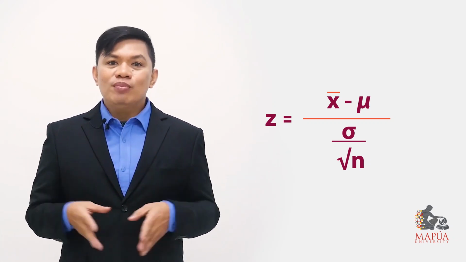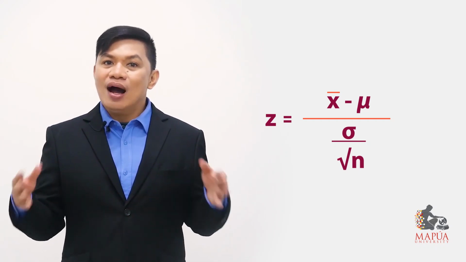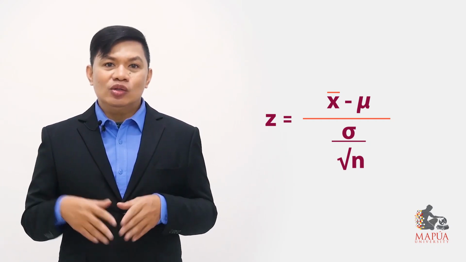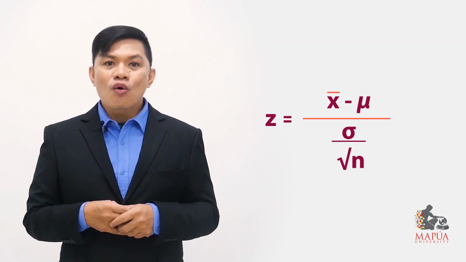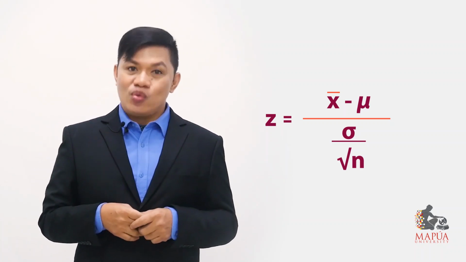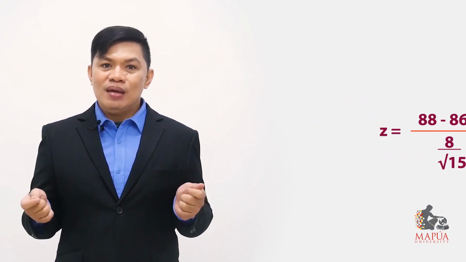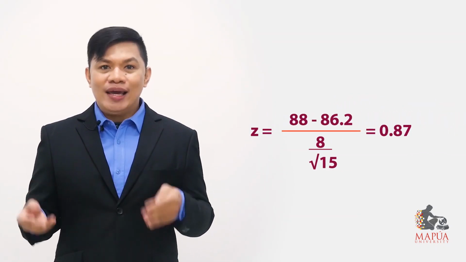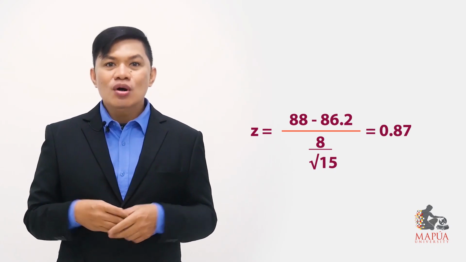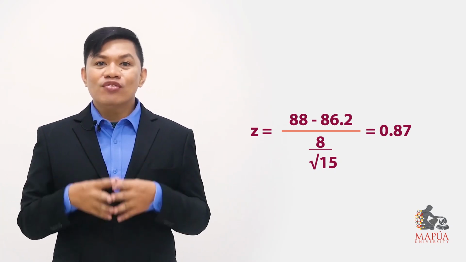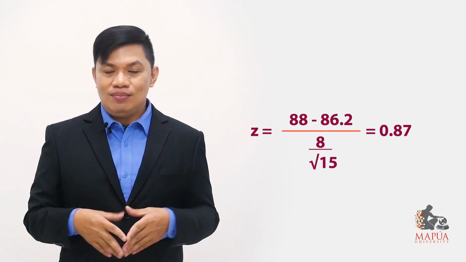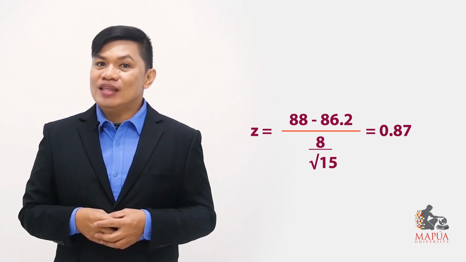So the transformation formula this time is z equal to x bar minus mu over sigma over the square root of n. Substituting the values, it's 88 minus 86.2 all over 8 over the square root of 15, because our sample size is 15.